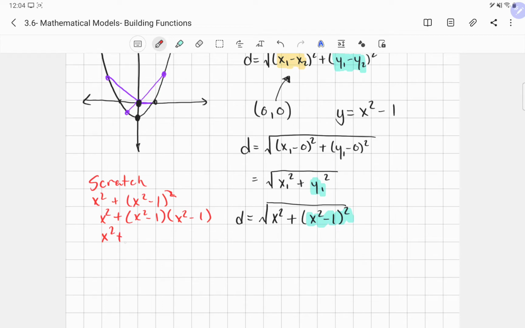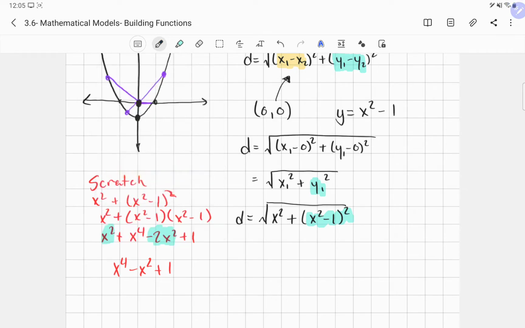So we get x squared plus x to the fourth minus 2x squared plus 1. The last thing we need to do is combine like terms. We've got an x squared and a minus 2x squared, which will give us x to the fourth minus x squared plus 1. And so that becomes everything under the radical.